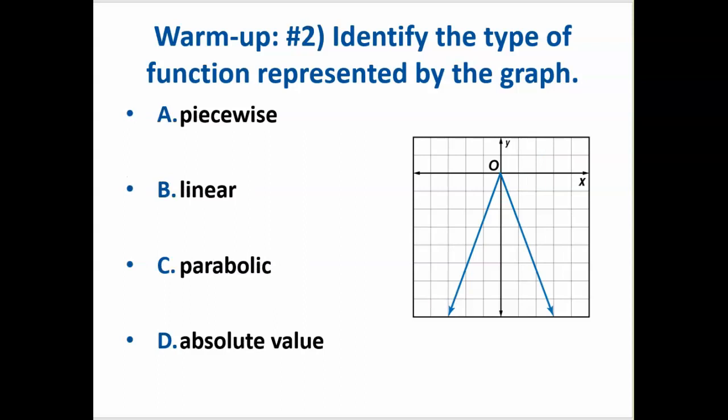In example number 2, it says identify the type of graph. So that is an absolute value. The graph is open down, so it's y equals negative. And it's going down 1, 2, 3, 4, 5, 6, 7, 8, and over 3.